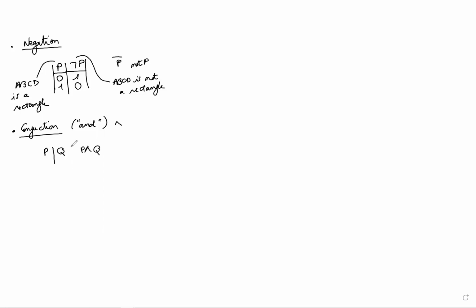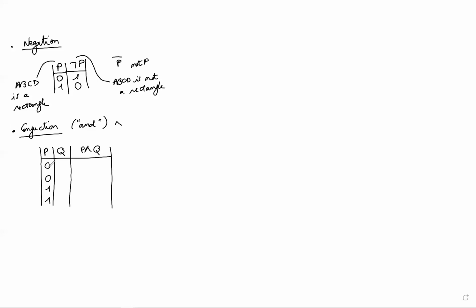When I'm building my truth table, I need to be sure that I list here every possibility. So the best is to always start the same way: 0, 0, 1, 1. It's kind of an alphabetical order. I want every possibility, with this one true or false and this one true or false.